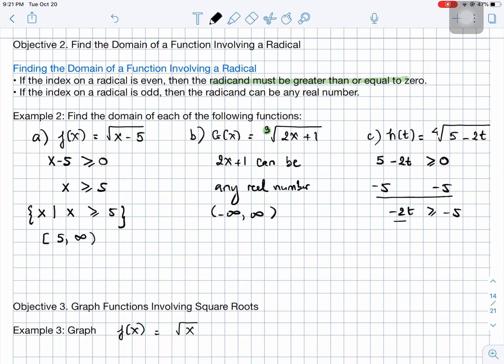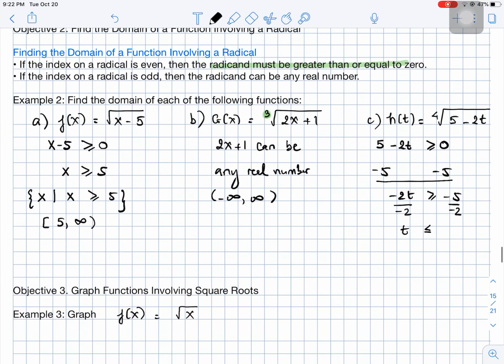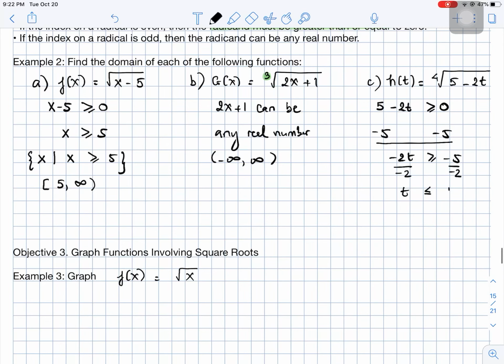In problem C, the index is 4, so it is even. Then we have to make the radicand, which is 5 minus 2t, greater than or equal to 0. We will solve for t: subtract 5 from both sides, then negative 2t is greater than or equal to negative 5.